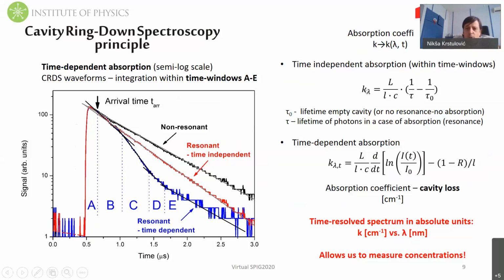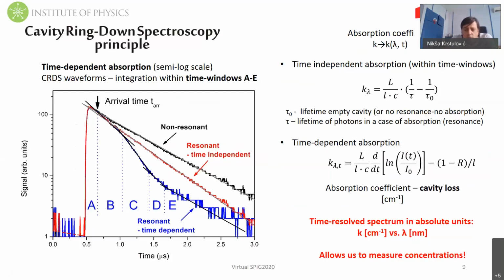This is a simple formula to calculate cavity loss or absorption coefficient just by knowing the length between the mirrors, the absorption length, the speed of light, and by measuring the lifetime of photons for the non-resonant and the resonant case, when the wavelength is tuned to some transition.